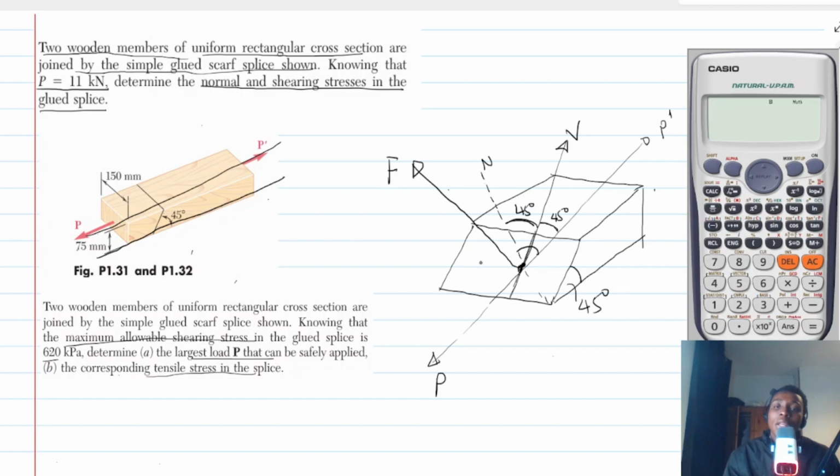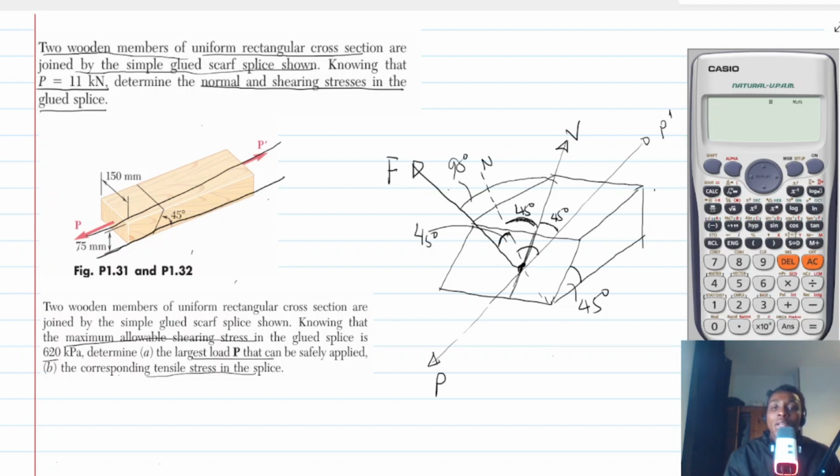All right, now it is interesting to know that the angle between the shear force V, which is in the line of the cut angle, and the normal force to the plane should always be 90. So this angle here should always be 90. So if this is 45, then this must also be 45 degrees. Is that right? So this is also 45.